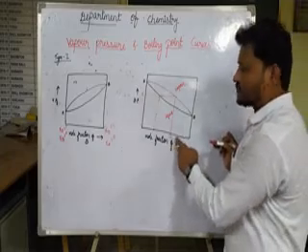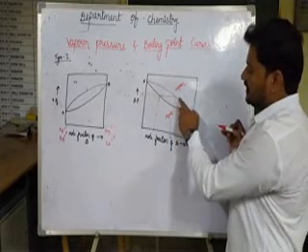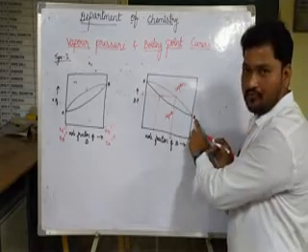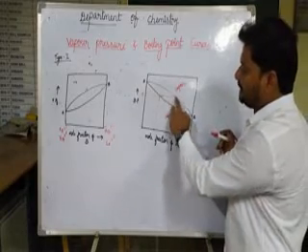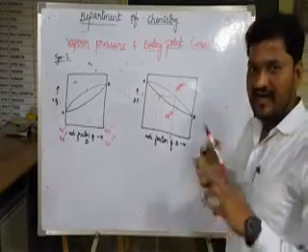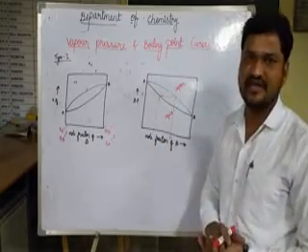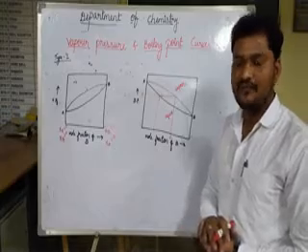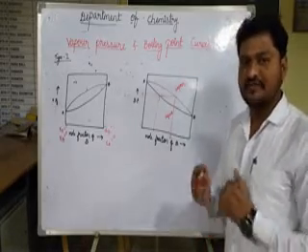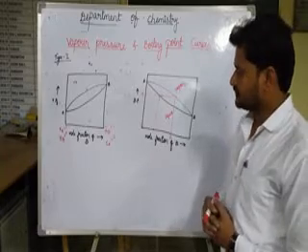At this point X1, the vapor composition of B will be more and the liquid composition of A will be more. So vapor will be rich in B and liquid will be rich in A.